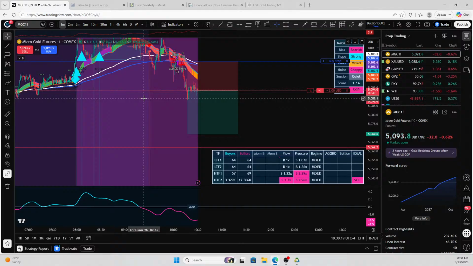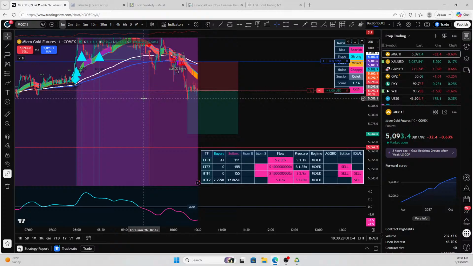Sellers are still dominating overall. Let's see. Yeah, sellers are still dominating.